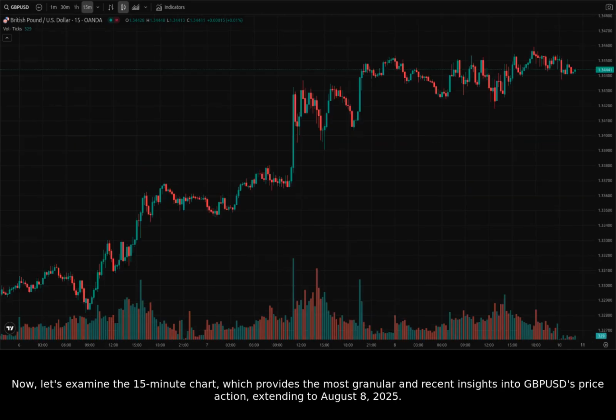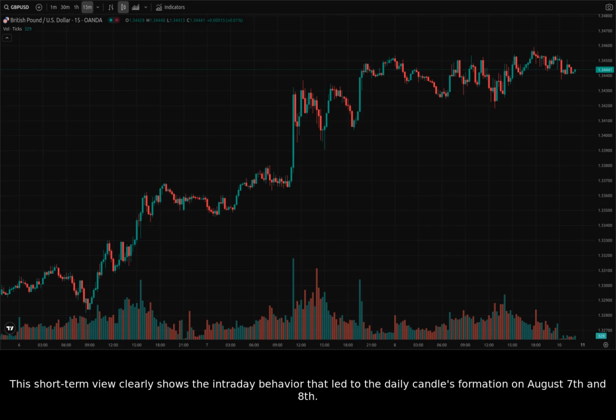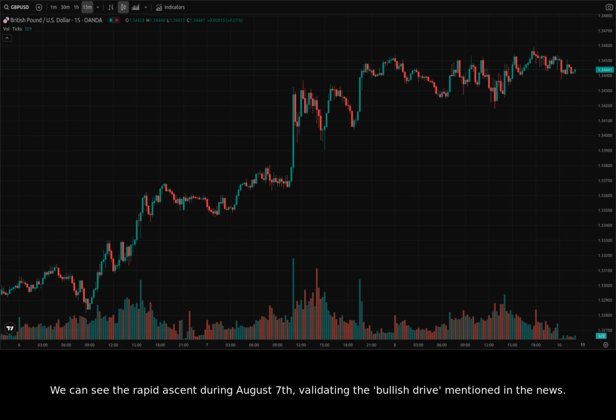Now, let's examine the 15-minute chart, which provides the most granular and recent insights into GBPUSD's price action, extending to August 8, 2025. This short-term view clearly shows the intraday behavior that led to the daily candle's formation on August 7th and 8th. We can see the rapid ascent during August 7th, validating the bullish drive mentioned in the news.